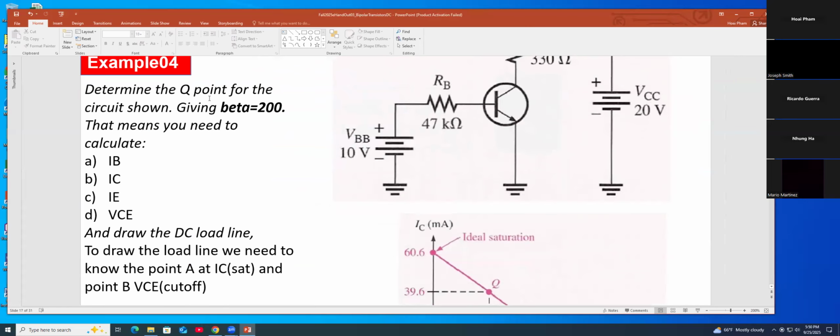They want to know the Q point for the circuit, so given beta, that means you need to calculate voltage, IB, IC, IE, and VCE.